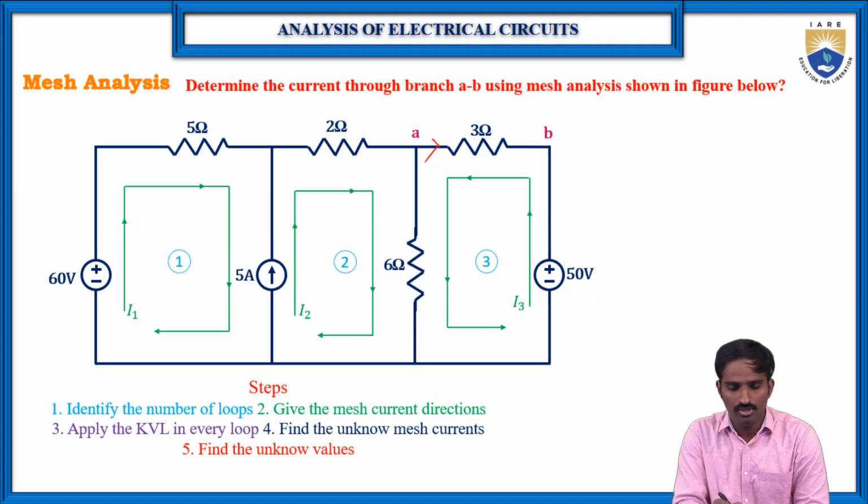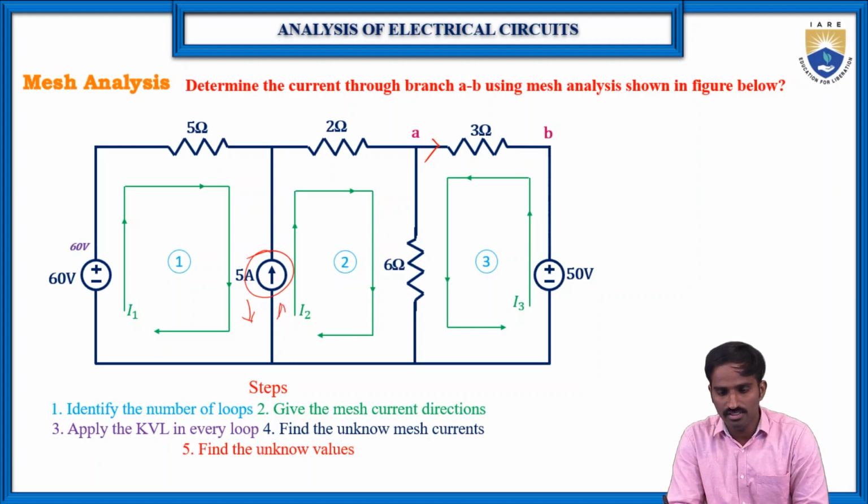Here, one equation is with respect to this current source. As you can see, the direction of the 5 amperes is opposite, because in loop 1, I1 is in the downward direction and I2 is in the upward direction.